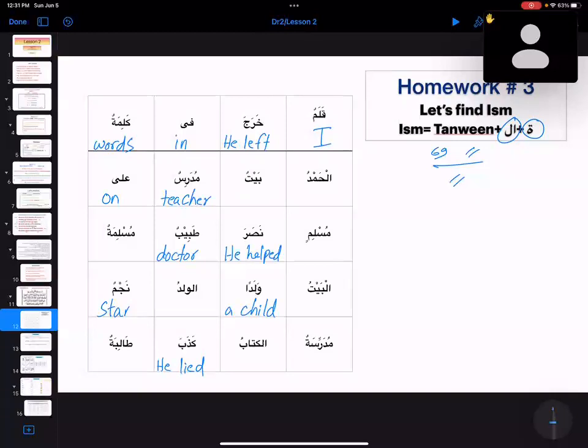Mudarrisatun, female teacher. When we see ta marbuta at the end, this is referring to a female. Okay, so Muslimun is a man, and when I say Muslimatun, that is female. And this is how we have many names in Urdu. Abid, Abida, and Khalid, Khalida, right? So this is all.